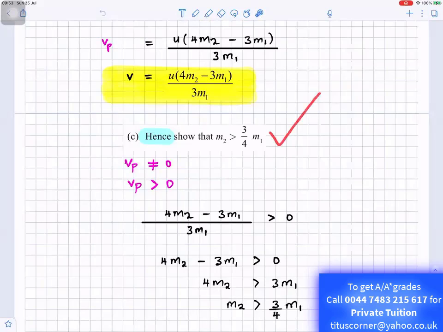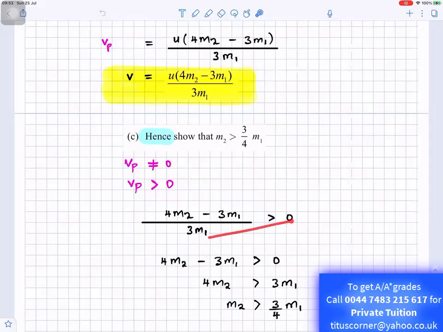Part C: hence show that m2 is greater than 3/4 m1. The final speed for particle P is not equal to 0, so we say the final speed of particle P is bigger than 0. So (4m2 minus 3m1) over 3m1 should be bigger than 0.